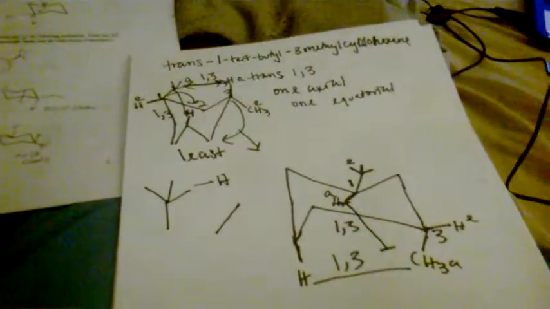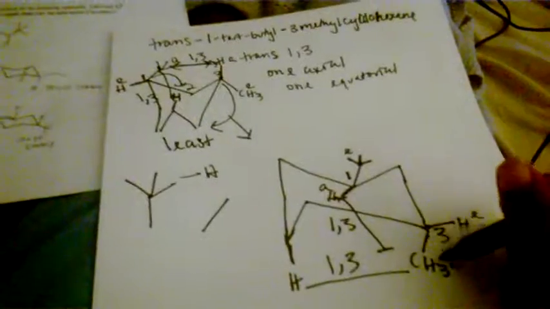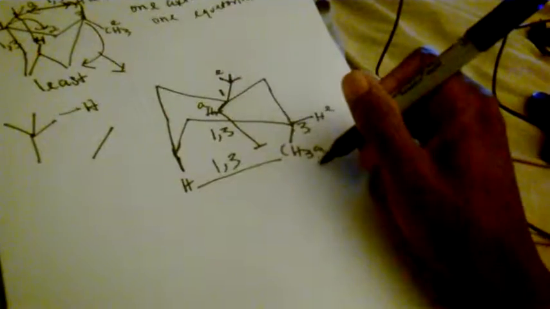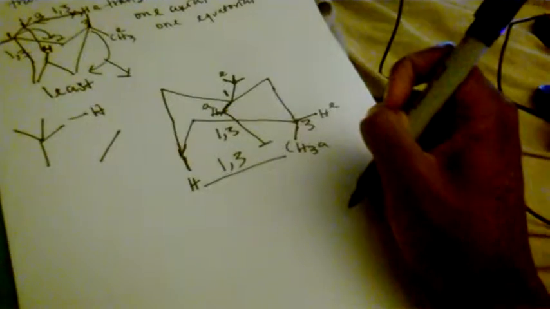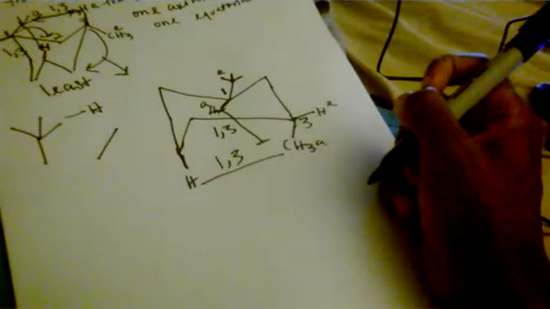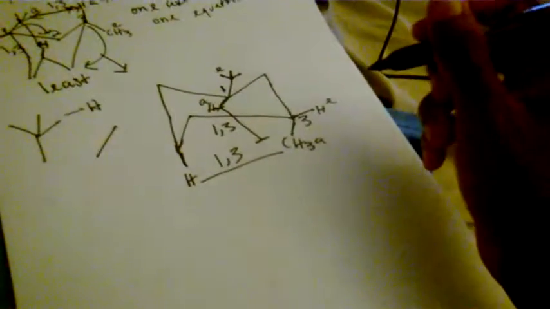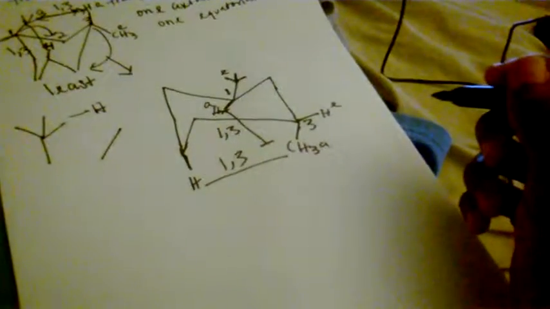And remember, with whatever's in the equatorial position, you don't really need to consider it, because it's just too far away from everything else to really interact with it electrostatically. And then in this one, you have the methyl group interacting with all the hydrogens, and it has a lower molecular weight, which basically at the atomic level translates to fewer charges interacting with each other and destabilizing electrostatic interactions.